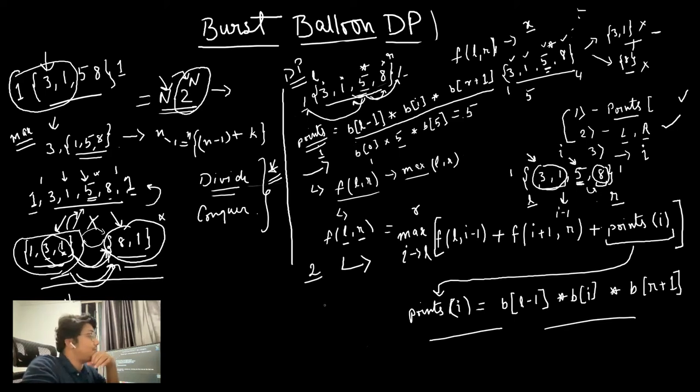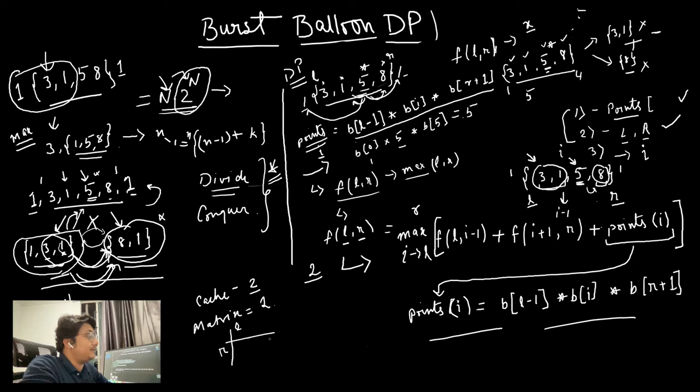So that's why you need a cache which has dimension 2, which means if you create a two-dimensional matrix, you will be able to store the results for both L and R range.